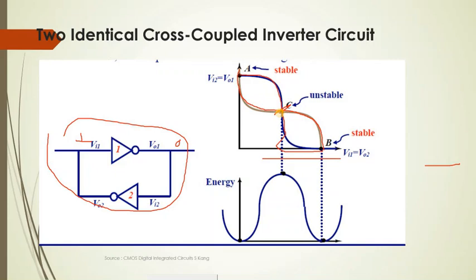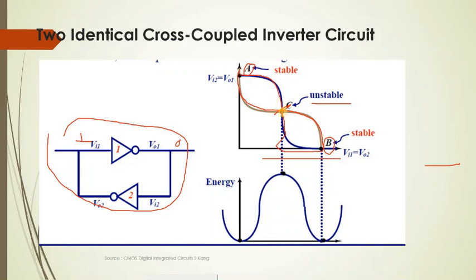So when we talk about bistable thing, you are having two regions or we can say two states, state A and state B, which are stable, and region C is unstable. So whenever your system is moving into this unstable state, it does not remain in that state for a very long time.